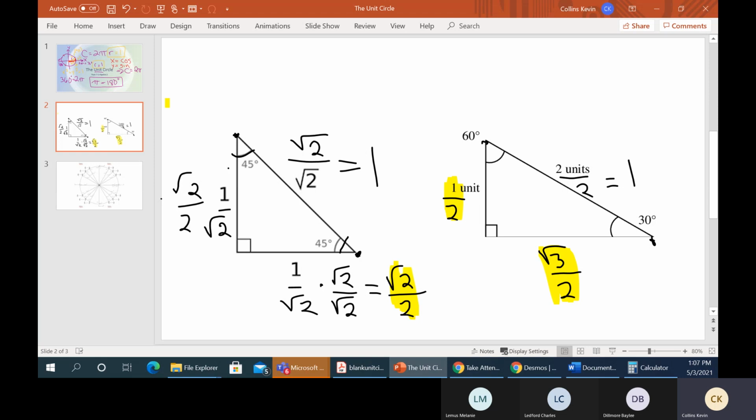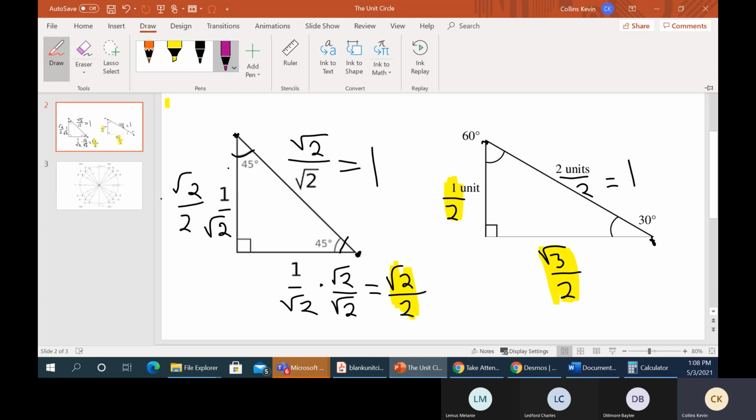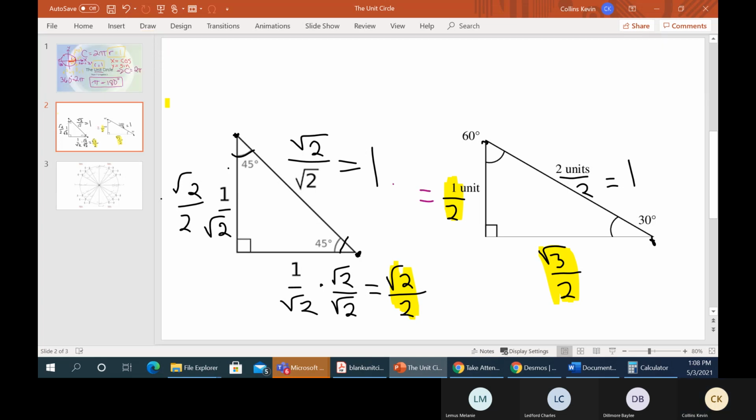All right, so let's just talk real quick about what the decimal approximation of these guys are. Because if you use your calculator and you get these decimal approximations, I want you to know what it is. 1/2 is obvious, that's easy, right? 1/2 is 0.5. Okay? Square root of 2 over 2. Let's talk about him.